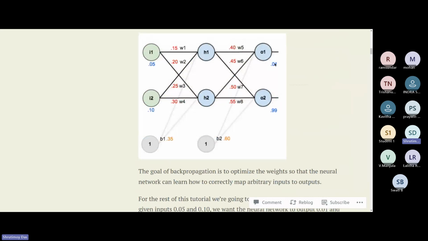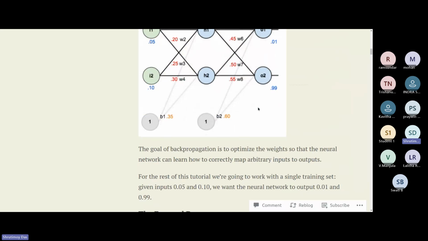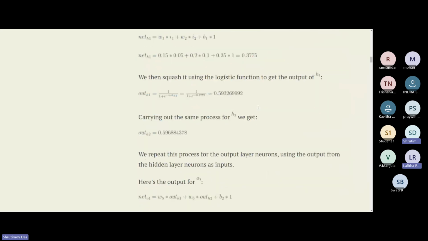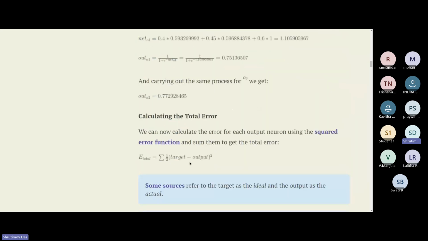So instead of 0.01, you're getting something like 0.75, and instead of 0.99, you're getting something like 0.77. The difference between the 0.01 and what you are getting is the loss that you have. So we calculate the loss, and for simplicity we are taking this MSE type of loss.